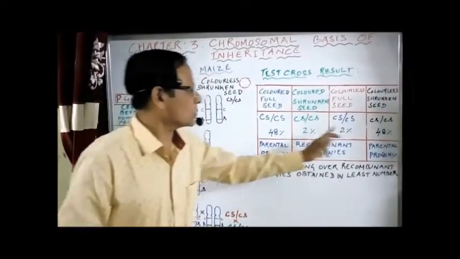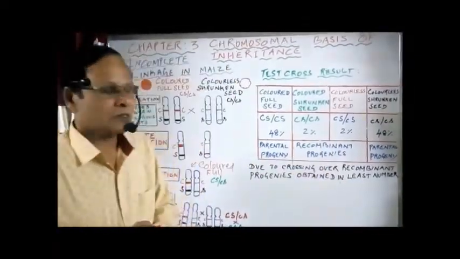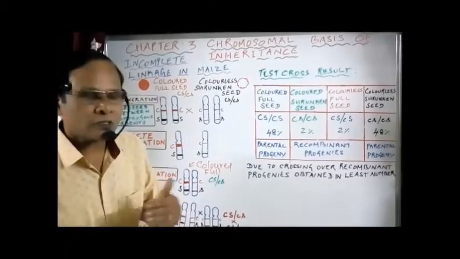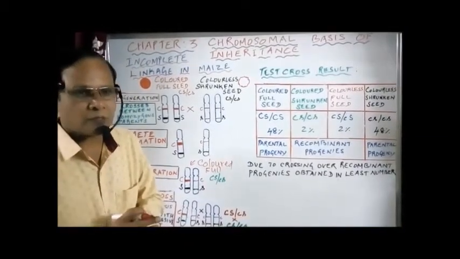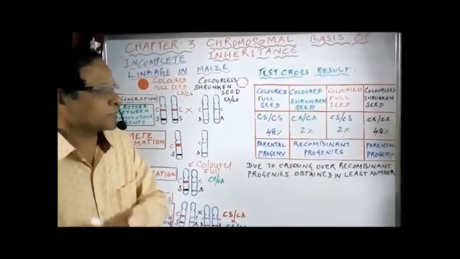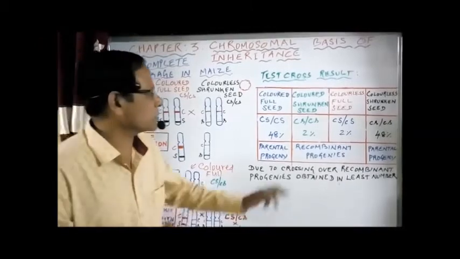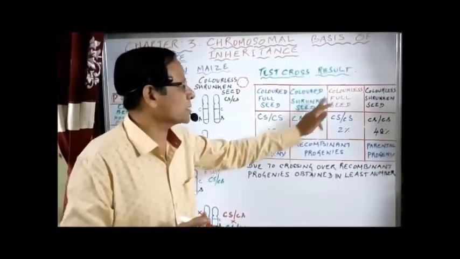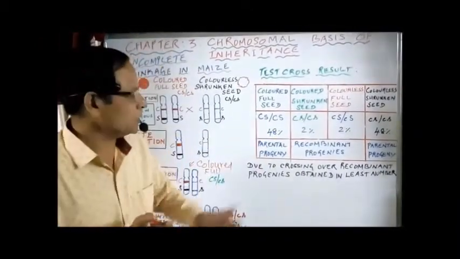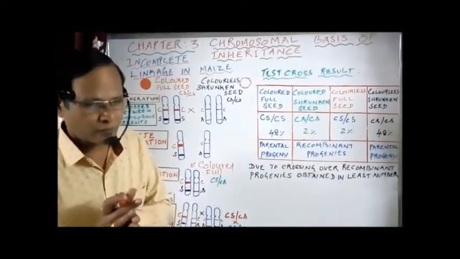So these two are called the parental combinations, parental progeny. Here you see that when the parental combinations are more in number, this is because linkage is possible, but somehow crossing over took place, so that we are getting new combinations of colored shrunken seed and colorless full seed. These two other recombinant varieties are new combinations, but they are least in number.